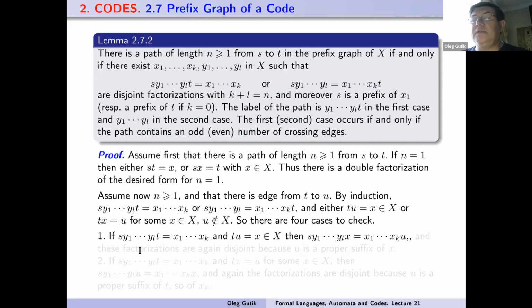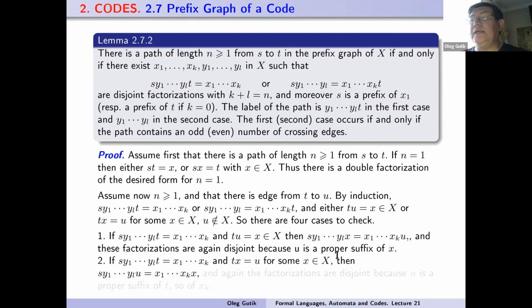We consider first case: if the word s y1 so on yl t is equal x1 so on xk and tu is equal x belongs to the set X capital, then the word s y1 so on yl x is equal x1 so on xk u. And these factorizations are again disjoint because the word u is a proper suffix of the word x.